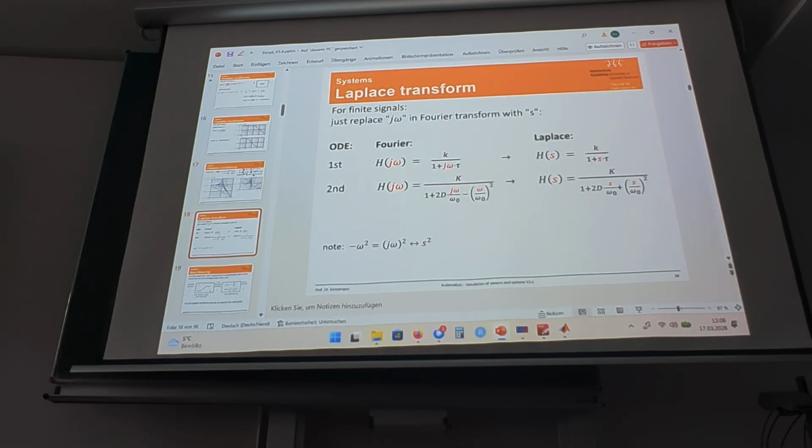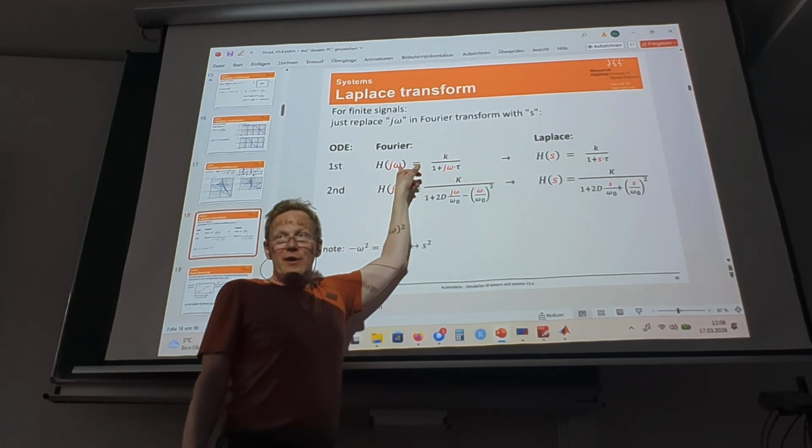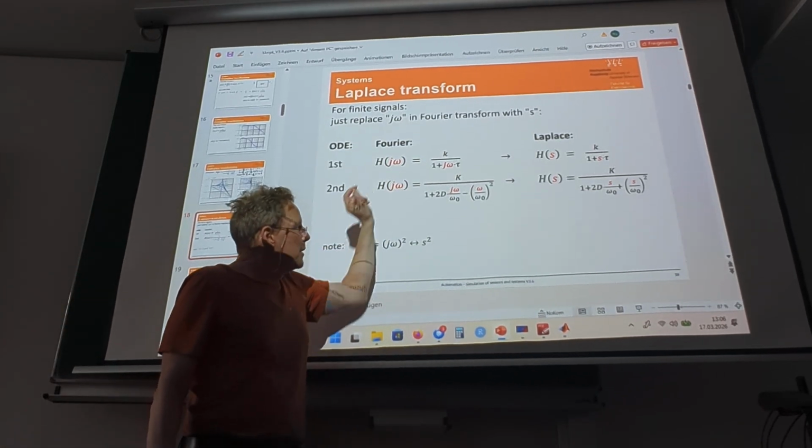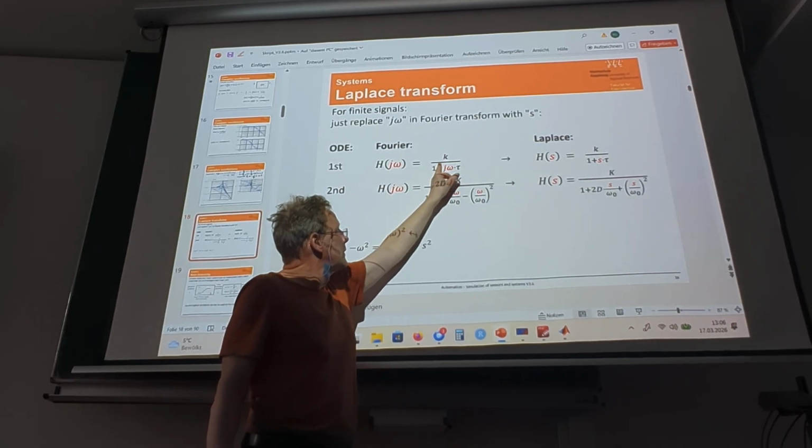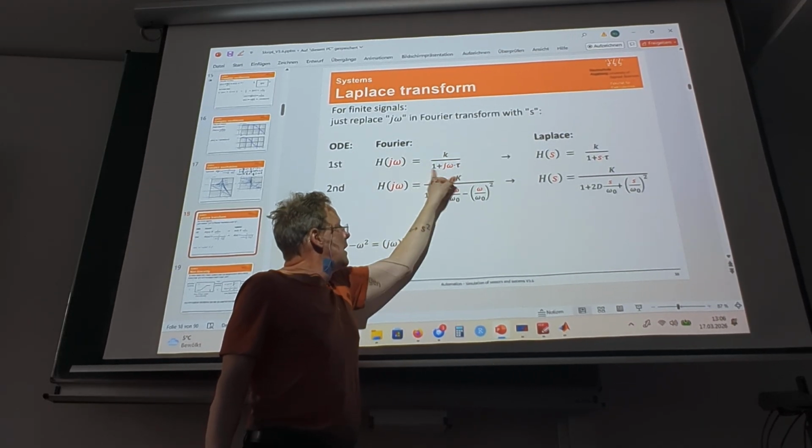And for some reasons, it's in many cases not enough to use this, so we use another variable, which is called the complex frequency, S. That's the Laplace variable S. For us, it's enough to know that normally you just replace wherever you find j omega in a transfer function, you replace this with S. So for example, for the first order system, we saw the transfer function is this ratio.